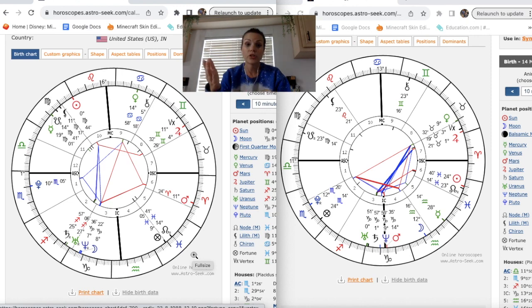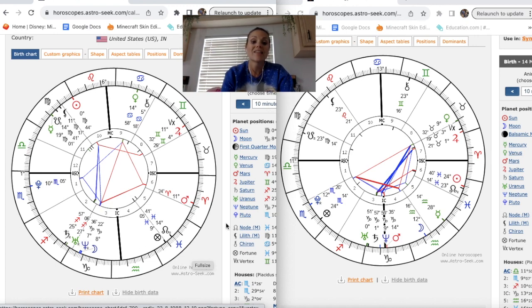If you're looking into business partners or like a marital relationship, anywhere where you're sharing finances, you're going to want to look to the 2nd house and the 8th house. So over here, the 2nd house in Sagittarius, the 8th house in technically Taurus.